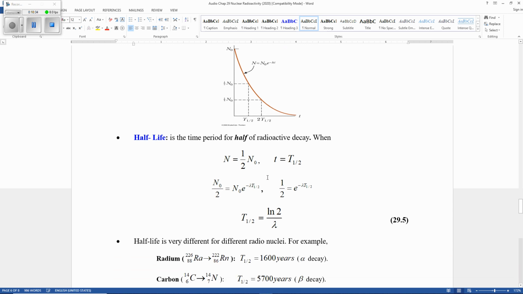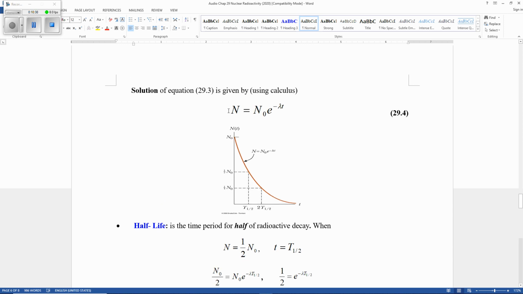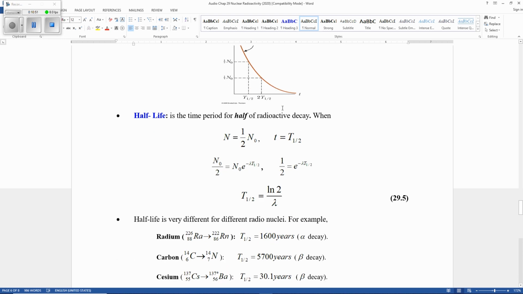Okay, so mathematically we can find it. When N equals half of N sub o, the time we call the half-life.